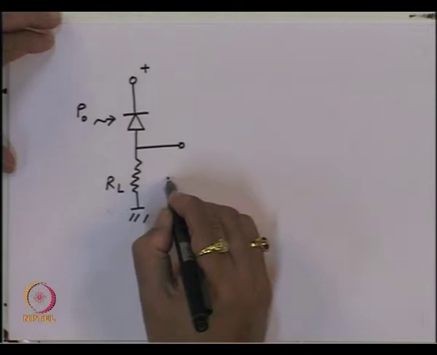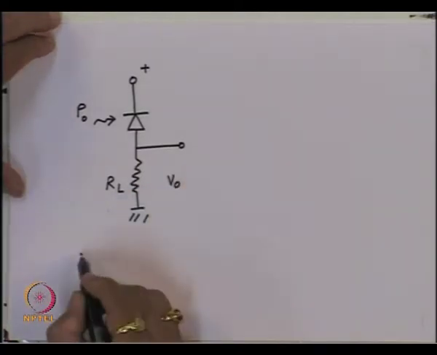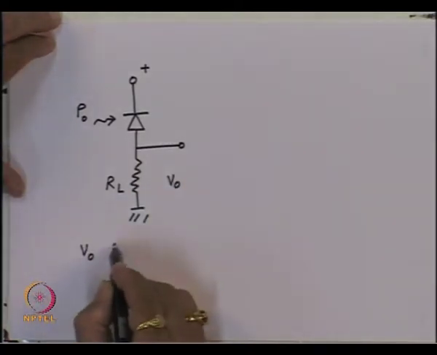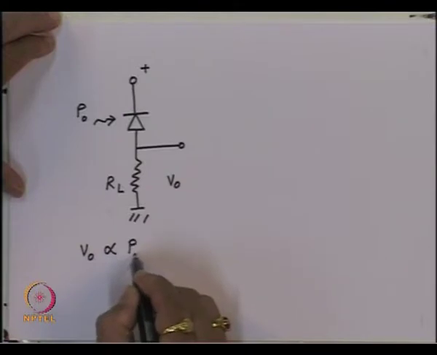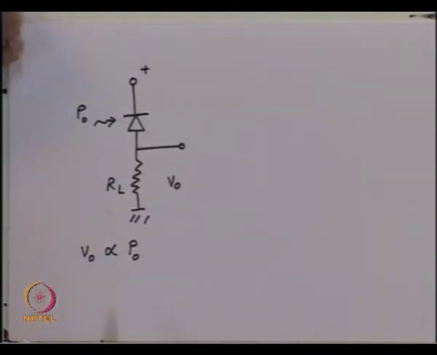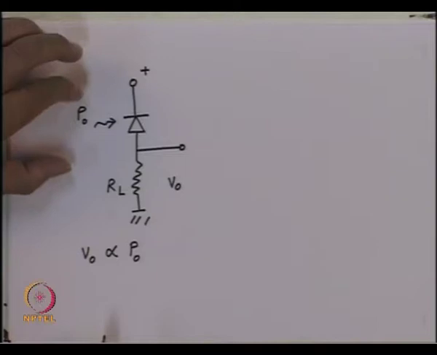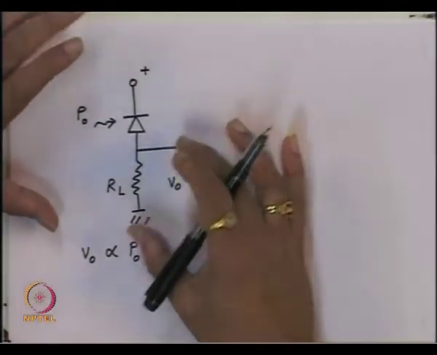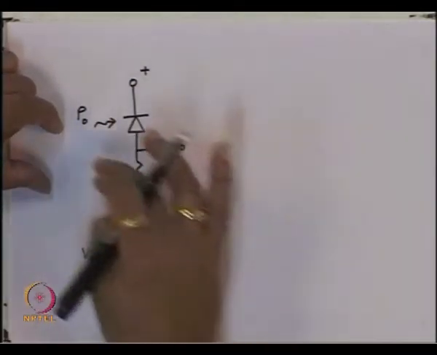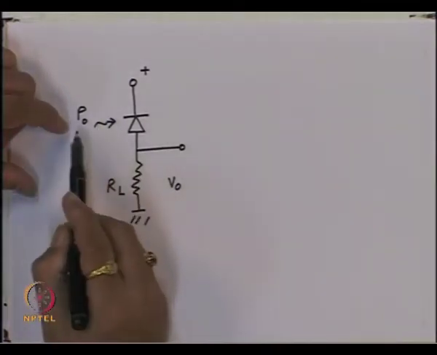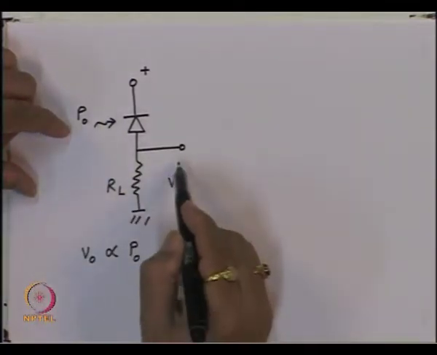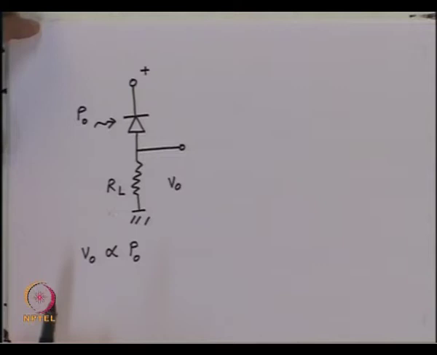So you get here a voltage VO, and VO is proportional to the incident optical power. If the optical power fluctuates, this voltage also will fluctuate. So essentially we have information transfer from the optical signal to the corresponding electrical signal.